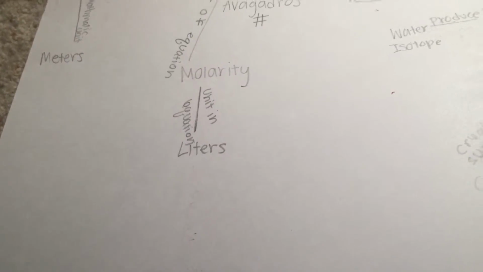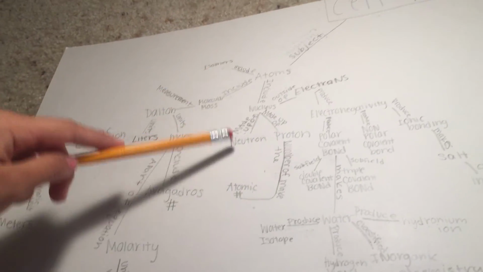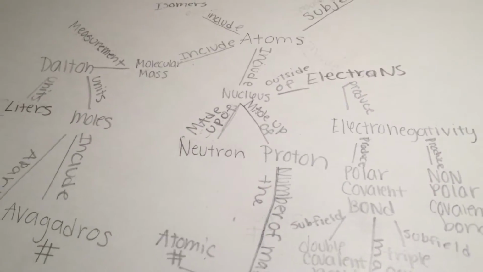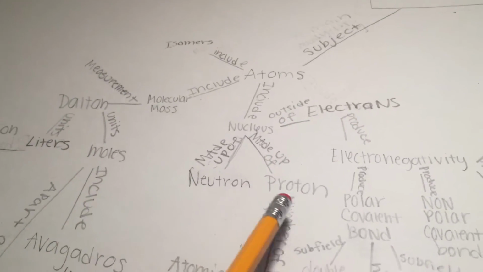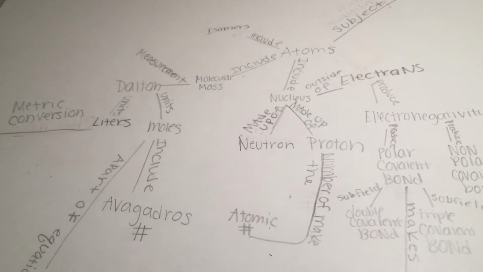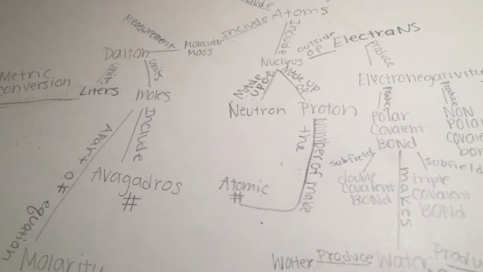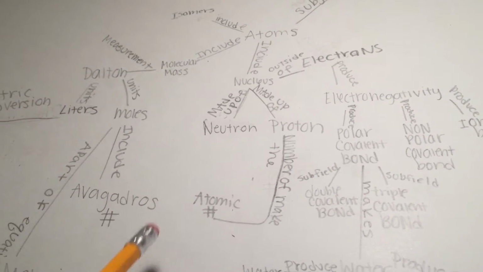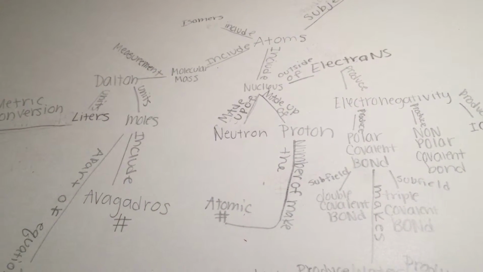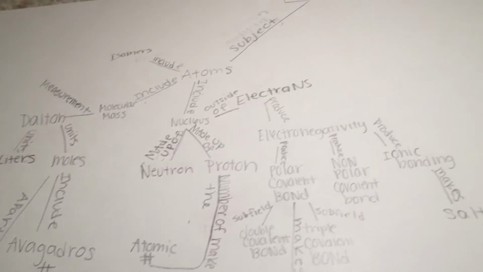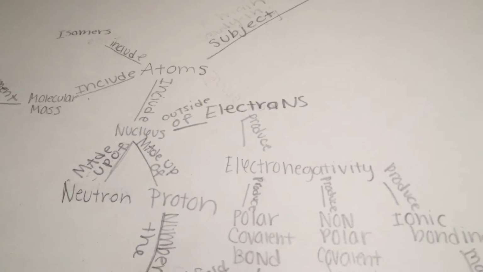And then the last part is I did nucleus to atoms and divided it into 3 different big parts. Of course, obviously being neutrons and protons, which are made up in the inside of the nucleus. And I also put atomic number again right there, just because the number of protons is what makes the atomic number. And then I put electrons, because electrons are on the outside of the nucleus.